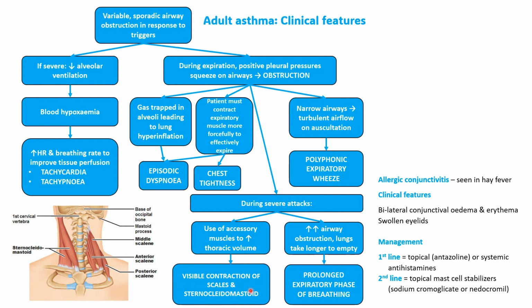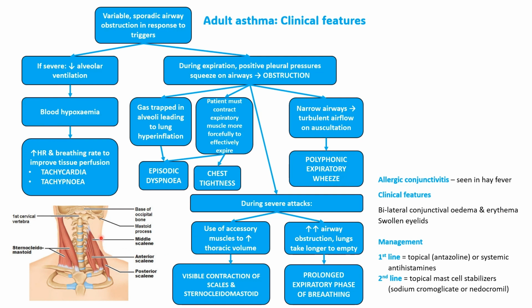We have one of our scalenes, so our middle, anterior, and posterior scalenes. And essentially what they do is they elevate the upper ribs to try and increase the volume of the thorax. And we're also going to have contraction of the sternocleidomastoid, which essentially functions to elevate the sternum to also increase that intrathoracic volume.